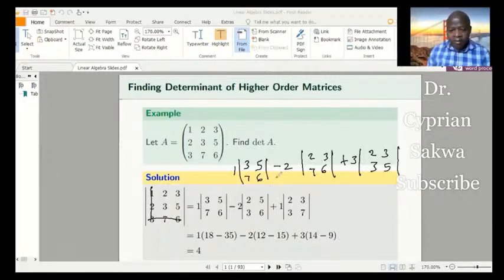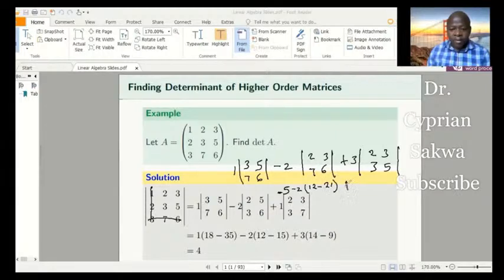And remember, I've said that we can find this determinant along any row and along any column. We only need to know the signs. So let's see, this will be 30 minus 35, which is negative 5, multiplied by this one, negative 5. Then what about this? There's a negative 2 here, multiplied by 12 minus 21.